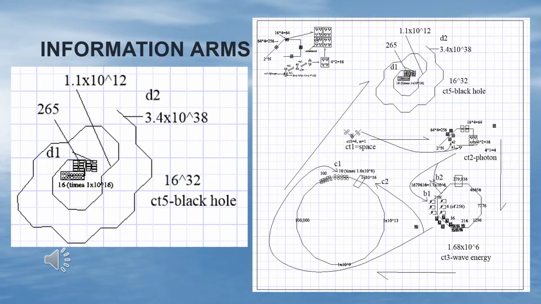Compressing or trapping CT1 states within CT2 state folds is seen as gravity, and when the CT2 states unfold to release the CT1 states, you have anti-gravity. The reason we have an expanded universe is because the amount of CT1 states being released from compression are greater than the number of CT1 states being trapped within compression.